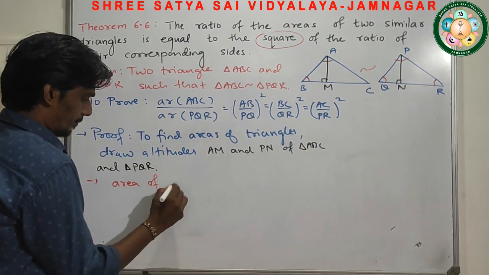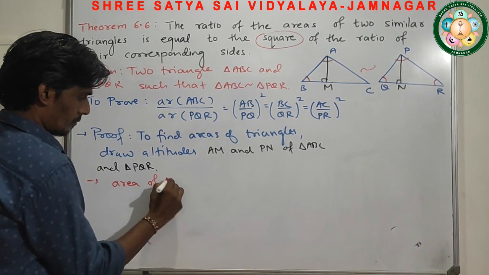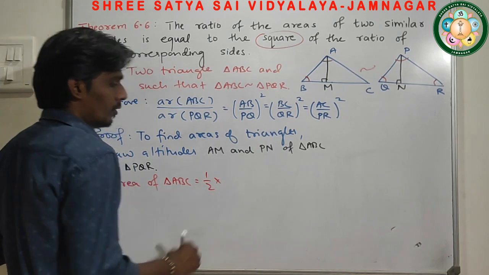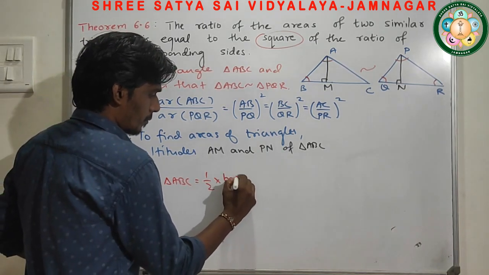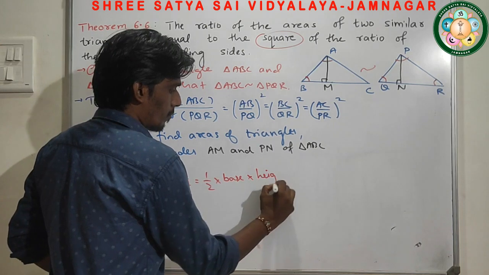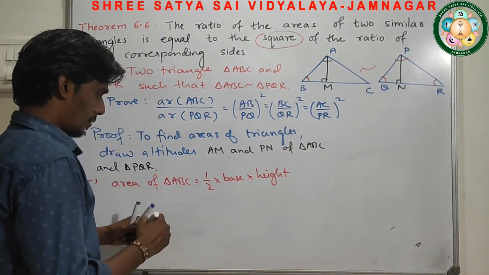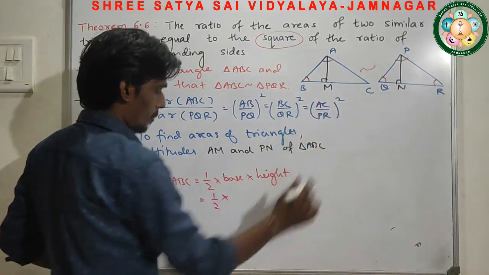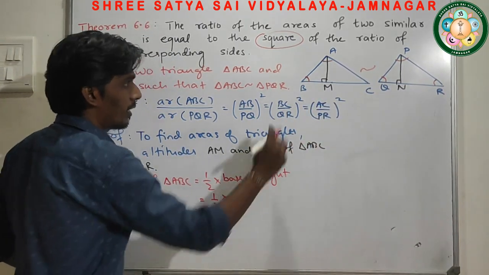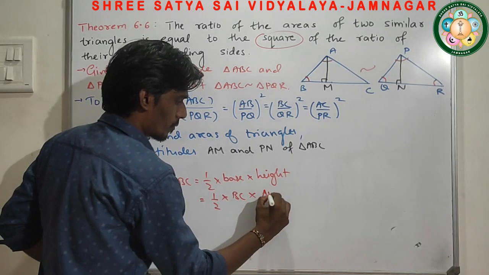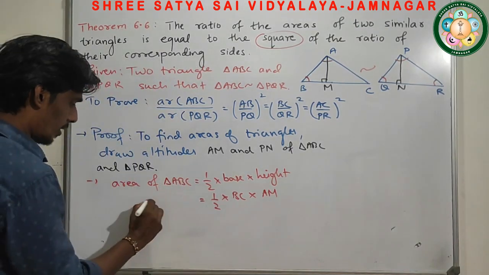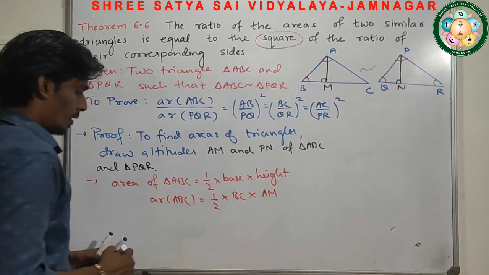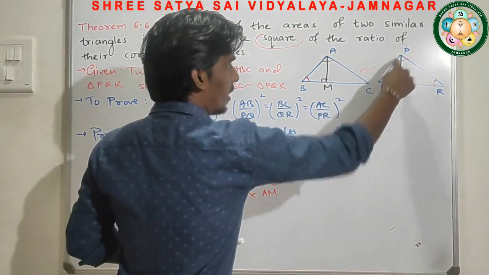Area of triangle is how much? It's half base into height. So this is equal to what? It's half. What is the base? Base is what? BC, and height is what? AM. So this is the area of triangle ABC.